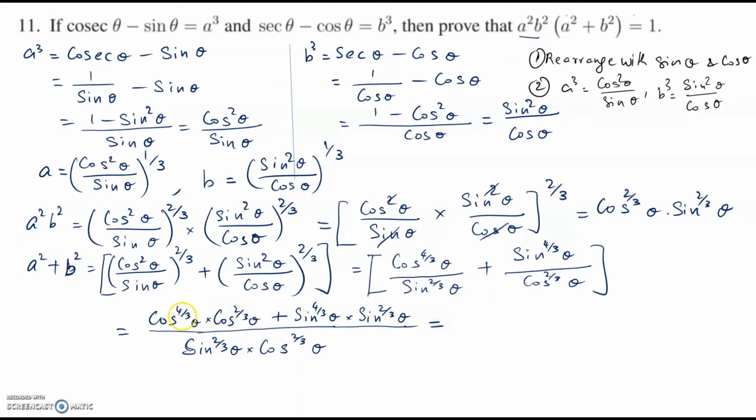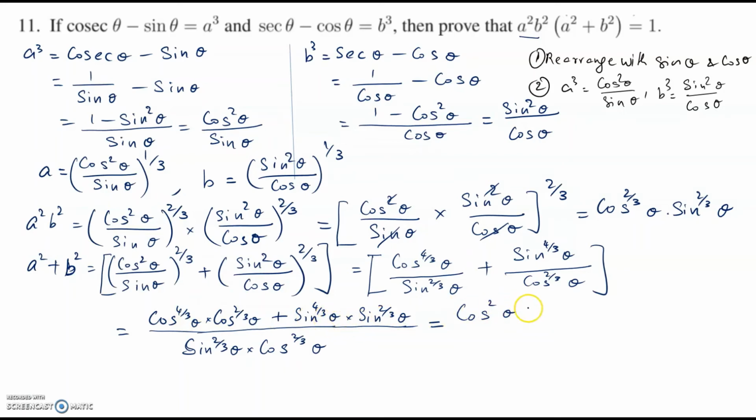Further, the 4 by 3 power and the 2 by 3 power, you can add them together, then it will become 6 by 3, which is nothing but 2. So this will become cos squared theta.